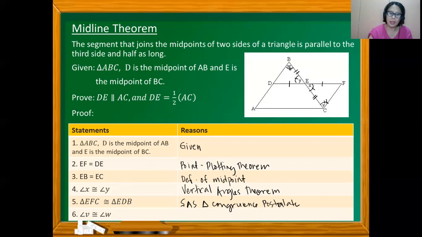And this is because corresponding parts of congruent triangles are congruent. Okay, let's continue.